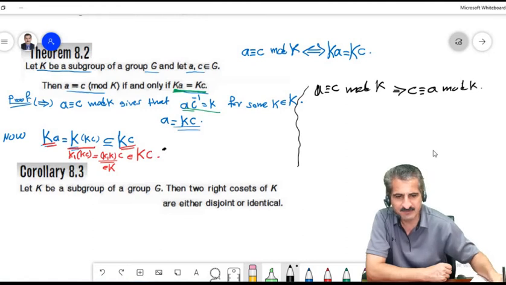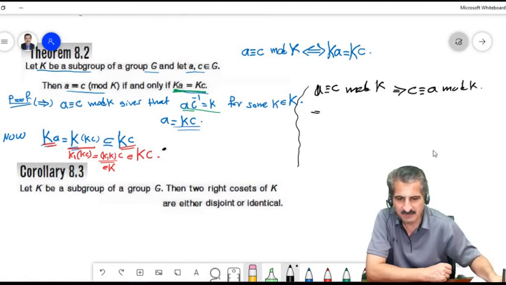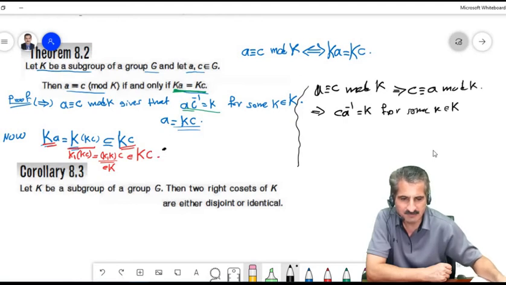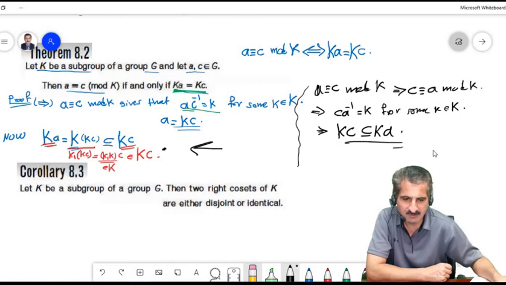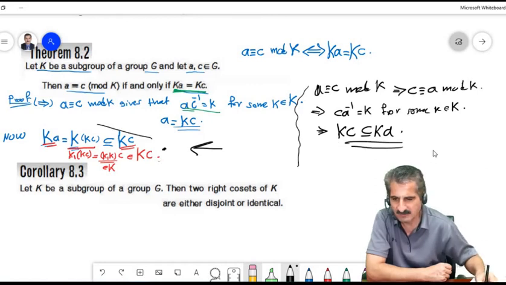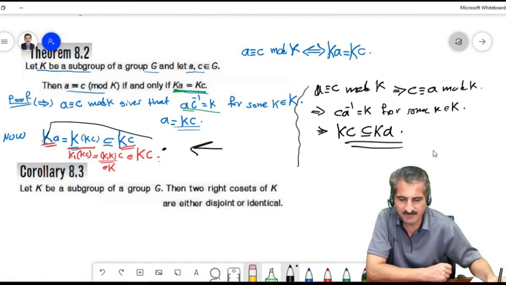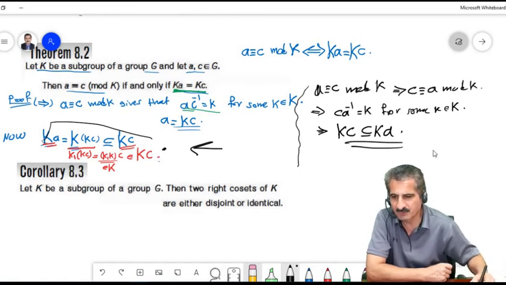We have just proved it. And this means CA inverse equals k for some k. And now we will do the same thing. We'll repeat the same procedure as we did here. So that will mean KC is contained in KA, and then we are done. We have this here, and we have this here, and then we get KC equals KA. So we proved this direction.